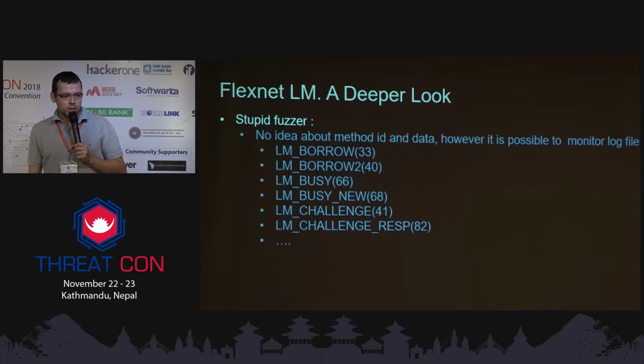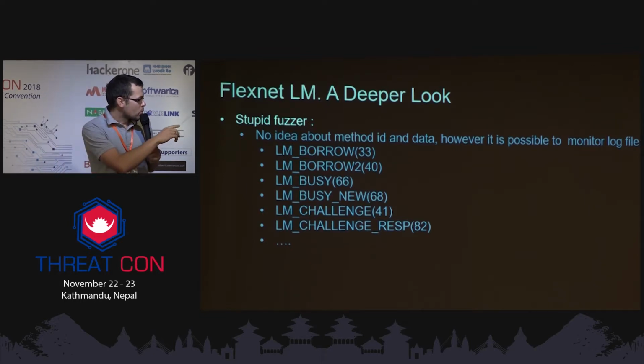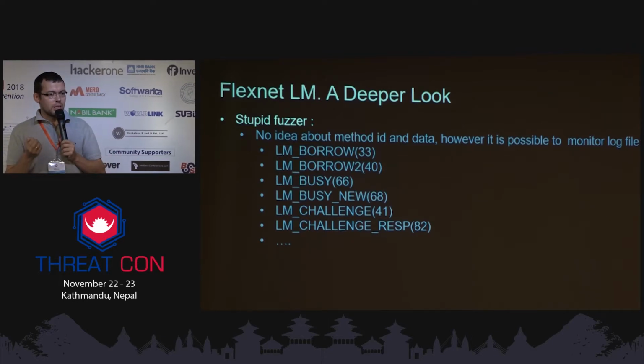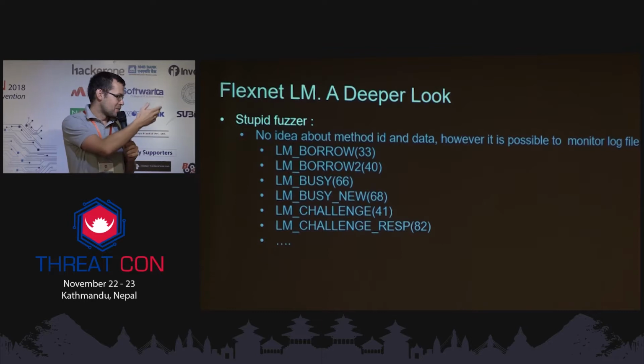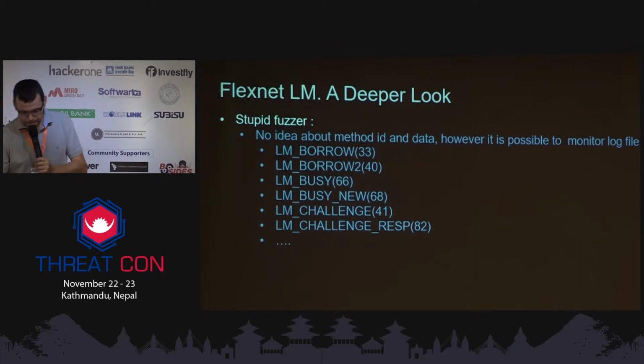The application also has a log file, with a lot of strings like lamp borrow 2, with a number in quotes. This number is like our method, so we discovered the name of the method.